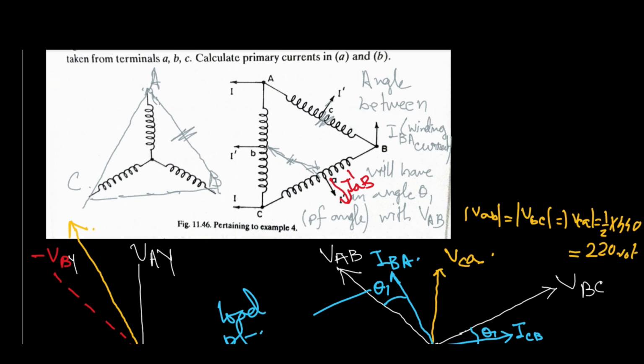If we are claiming that here this is the current, how to explain, that here the current is I, right, and here also it is I, here it is I. That means the current that is flowing through this is I by root 3, I by root 3, I by root 3, when all these are equal to 0.